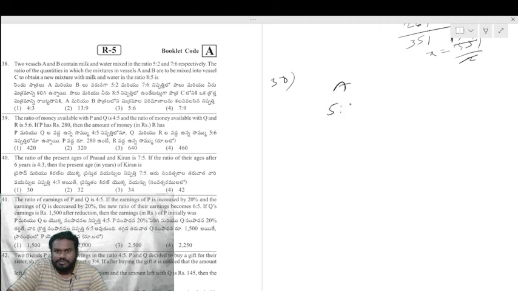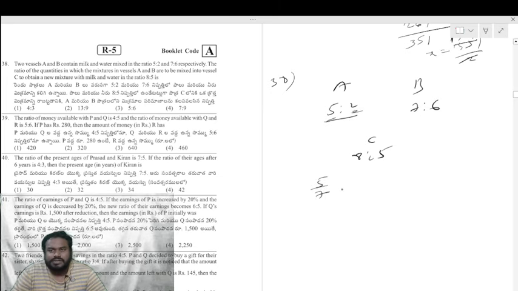So A is 5:2, B is 4:6, and C, 8:5, you have to get. So 5 out of 7, 5 parts out of 7, 5 by 7. And this one is 7 by 13. It should be mixed and the resultant should be divided by 13.